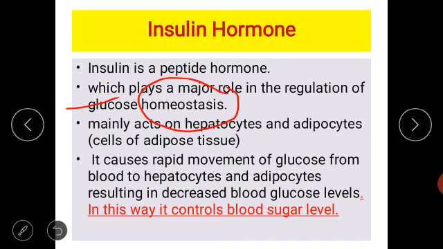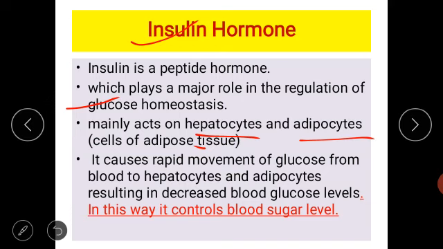That is termed homeostasis, the normal functioning condition of the organ systems of the human being. Insulin mainly acts on hepatocytes and adipocytes. So the question arises: why does it act on hepatocytes and adipocytes?